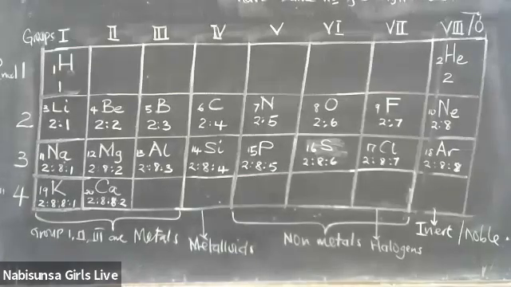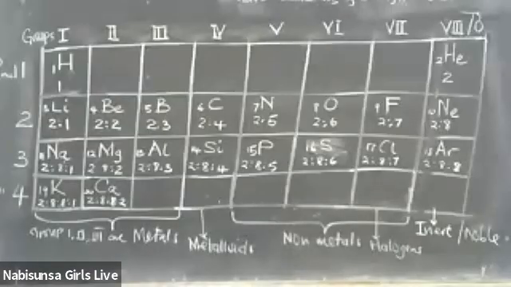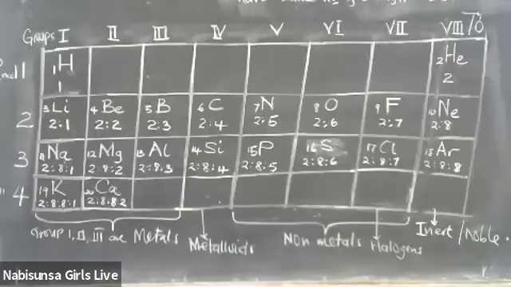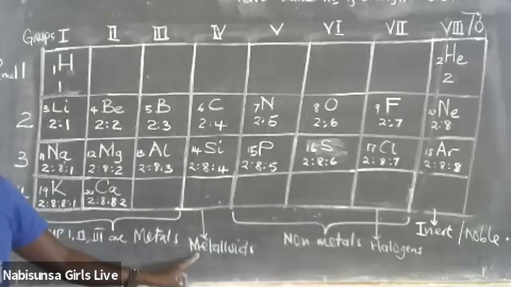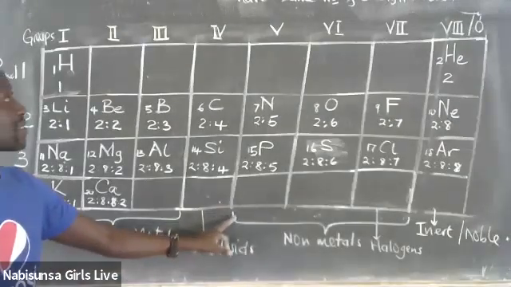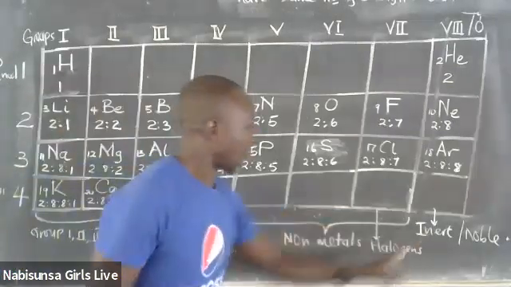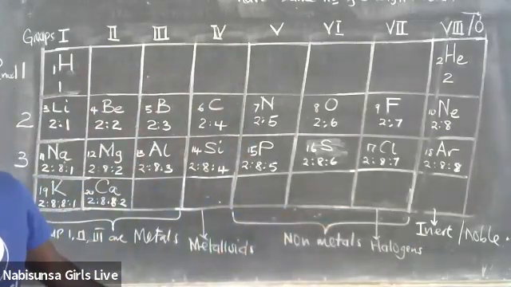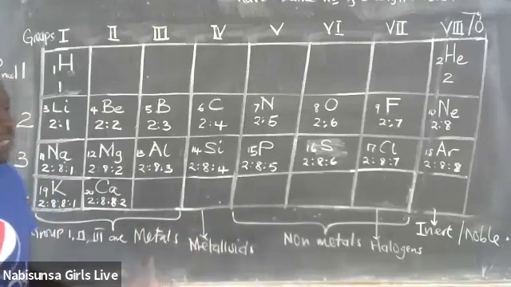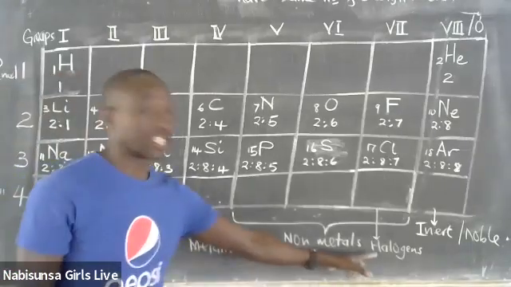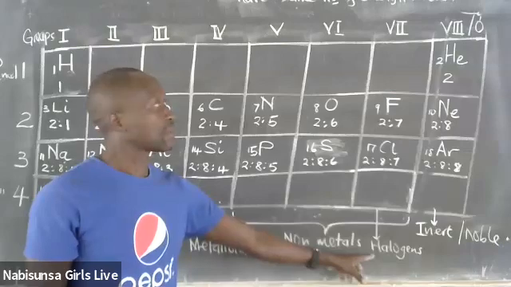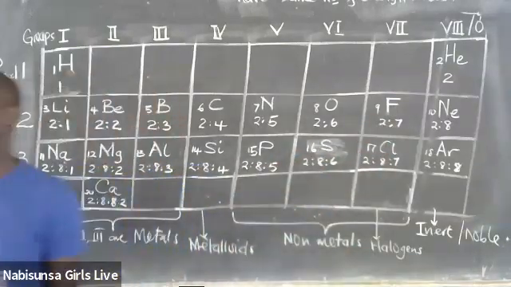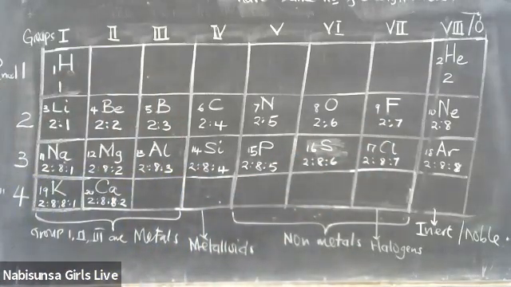So let me summarize my periodic table. Groups 1, 2, 3 are metals. Group 4 are metalloids, semi-metals. Groups 5 up to 7 are non-metals. But group 7 among the non-metals gets a special name called halogens. Group 8 or group 0 are inert elements or rare gases.